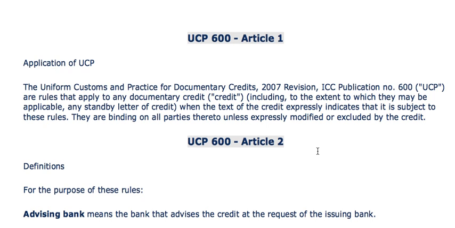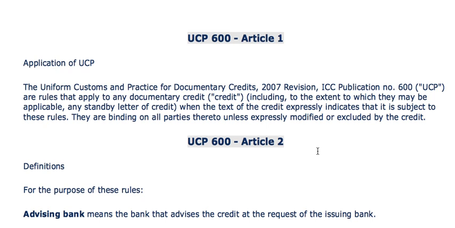It states that the UCP 600 are rules that apply to any documentary credit. Documentary credit is letter of credit. Any documentary credit, including any standby letter of credit, when the text of the credit expressly indicates that it is subject to these rules. They are binding on all parties thereto unless expressly modified or excluded by the credit.